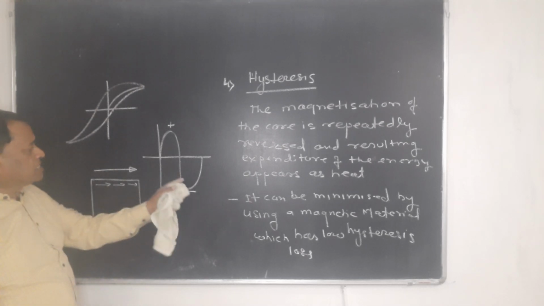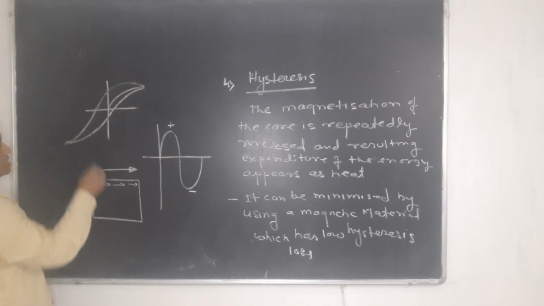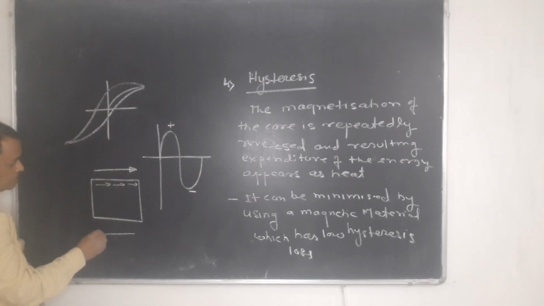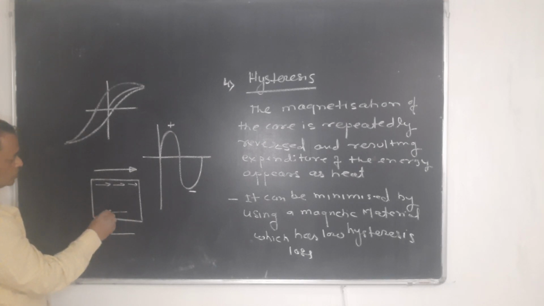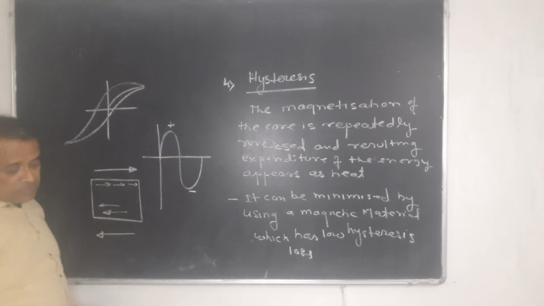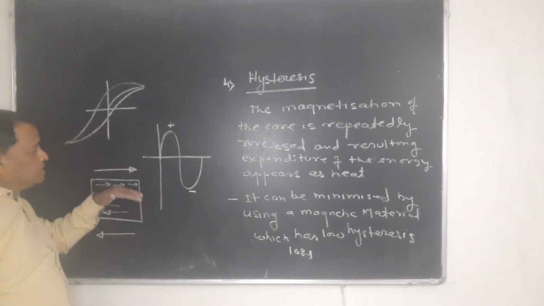In the next half cycle, the magnetization will be reversed and the magnetic field is in this direction. So these magnetic dipoles or domains also change their directions, and this repeatedly occurs. Plus minus, plus minus.